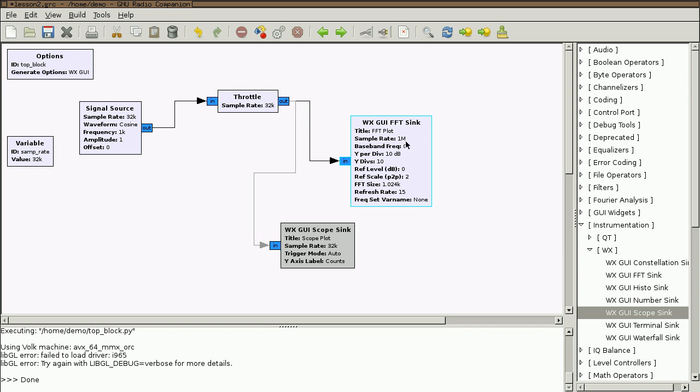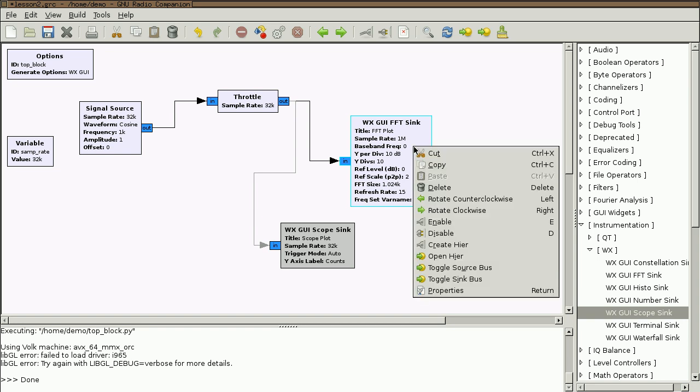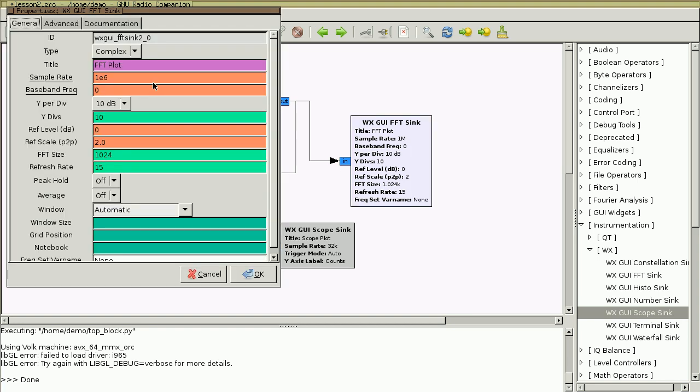If this sample rate here in the FFT sink doesn't agree with this sample rate here in the throttle block, then the refresh rate will be all messed up. So 3 completely different interpretations of what that sample rate configuration means to these 3 different blocks. But long story short, if you set them all the same, things generally work correctly.